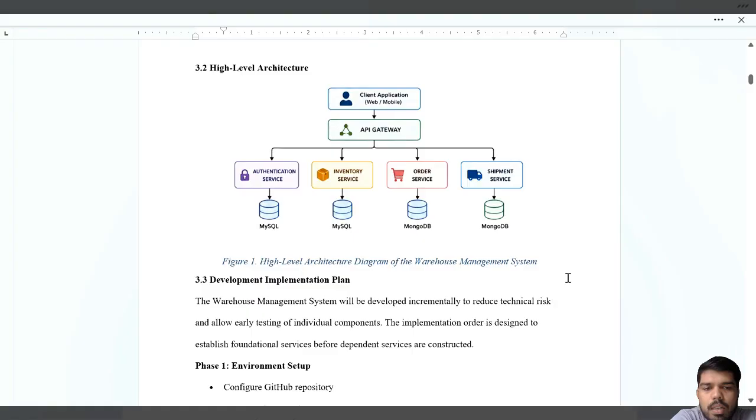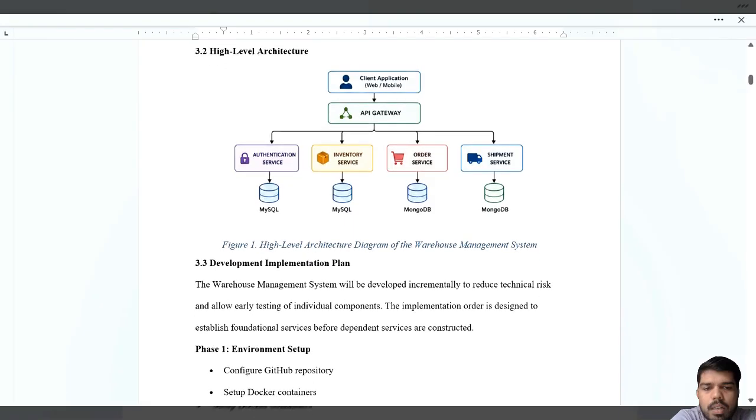I have a high-level architecture diagram, which illustrates the overall architecture of the warehouse management system. The process begins with the client applications, which can be web or mobile applications. All user requests are sent to the API gateway.